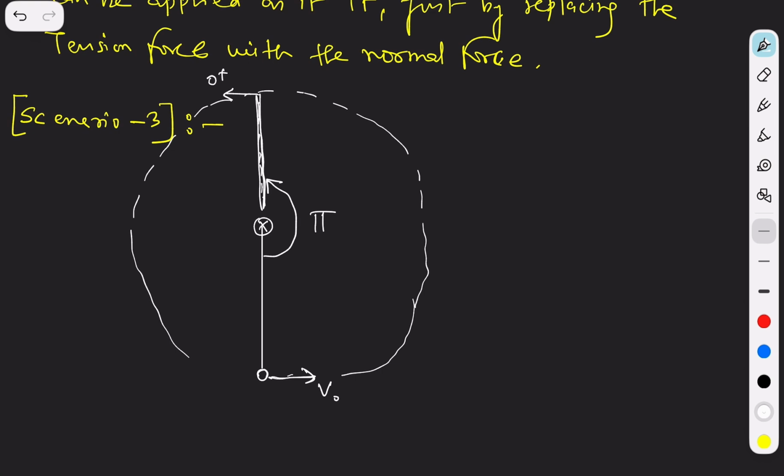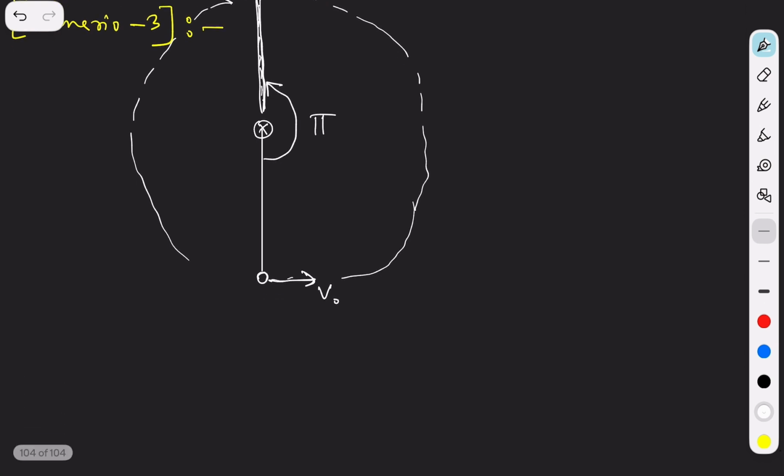We can take it approximately 0, and in that case the particle will automatically perform the full circular motion. Because the math is very much the same as what we covered earlier, I can put the values directly: v naught square minus 2gl(1 minus cos theta) is equal to v square.